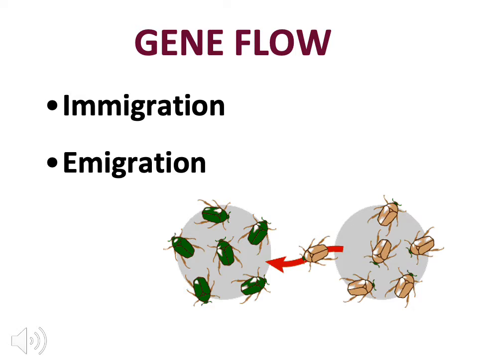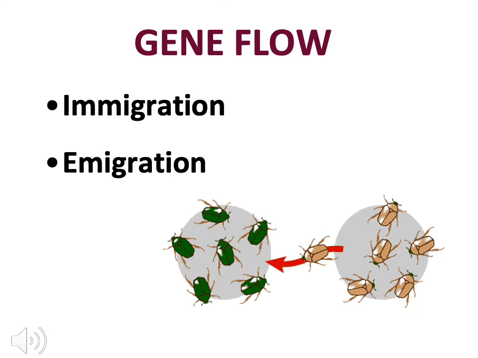Now, not too long ago, you remember when we were talking about Hardy-Weinberg equilibrium, we said that populations in nature, as a rule, are open. An open population is a population that will permit immigration of individuals and new genes into the population, but consequently, you will also lose individuals or potentially lose genes from the population as well.